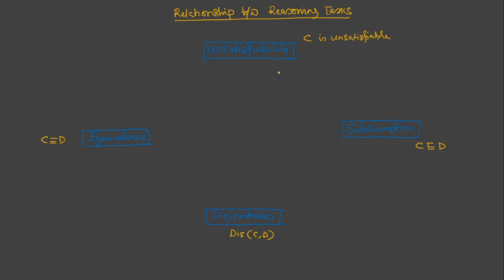Now I'll try to see how we can map this unsatisfiability problem to a subsumption problem. So we have to map this fact that if C is unsatisfiable, then we have to map this into a form like this. So if we can say that C is a subclass of the bottom class, then C becomes unsatisfiable.